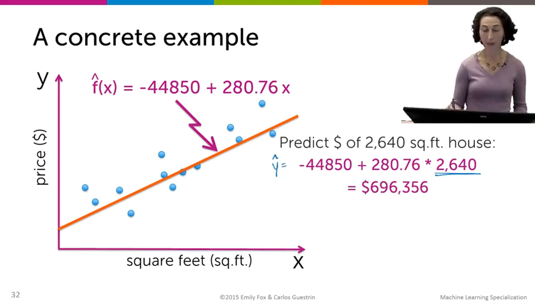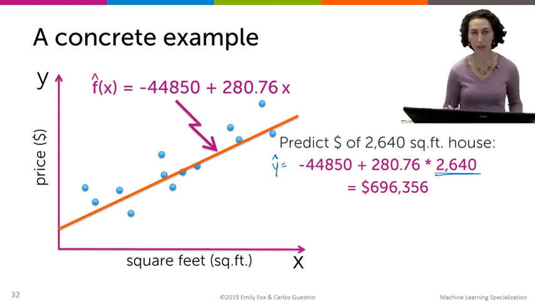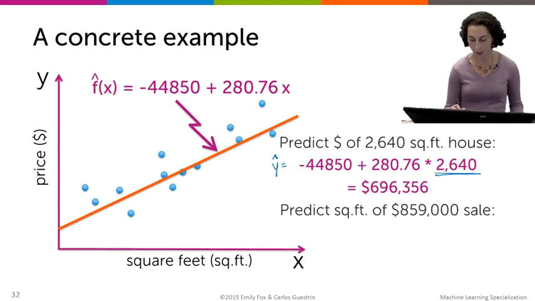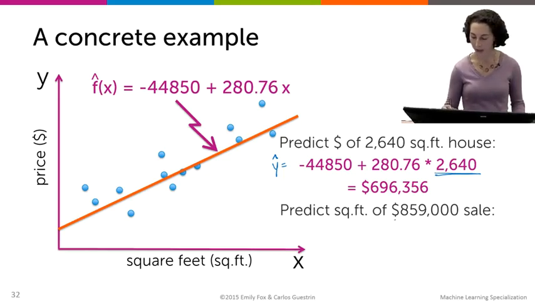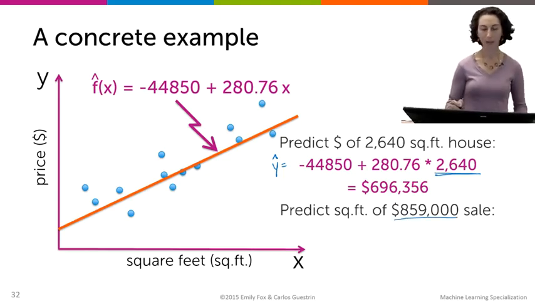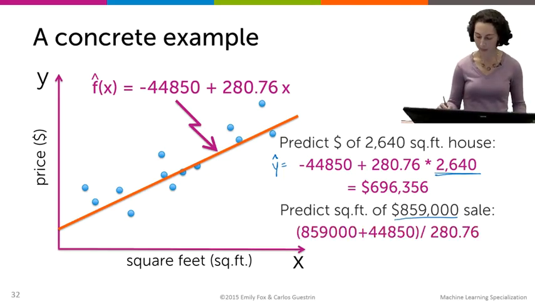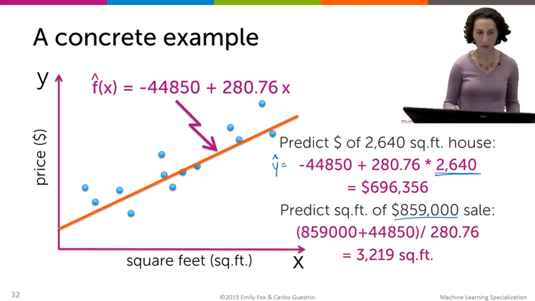And that comes out to be, if you do that calculation, $696,356. Likewise, I can say, well, I want to predict how many square feet of house I can purchase if I have $859,000 to spend on the house. So if you do this calculation, you get that you can afford a house, or you expect to buy a house, that's roughly 3,219 square feet.